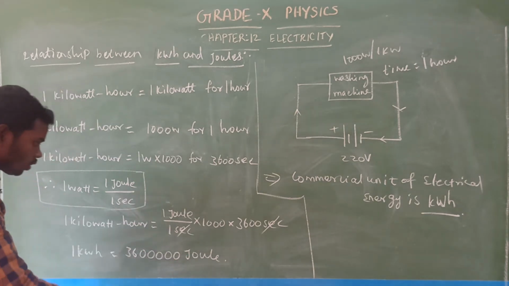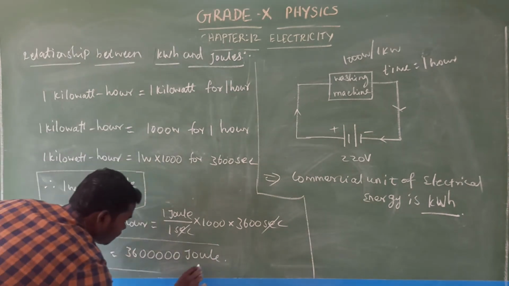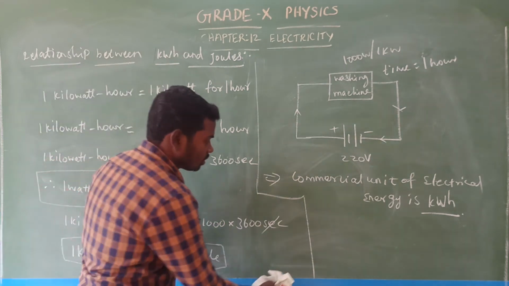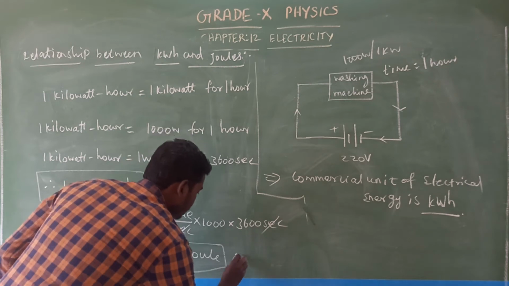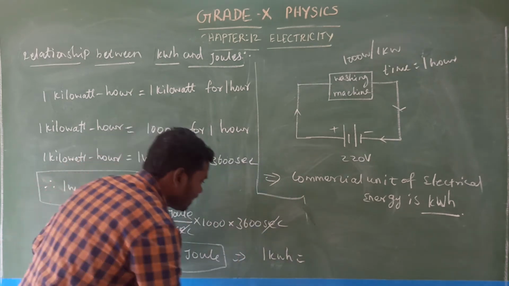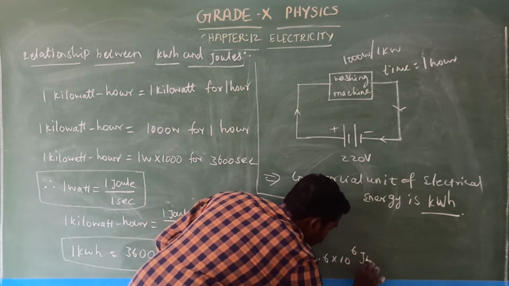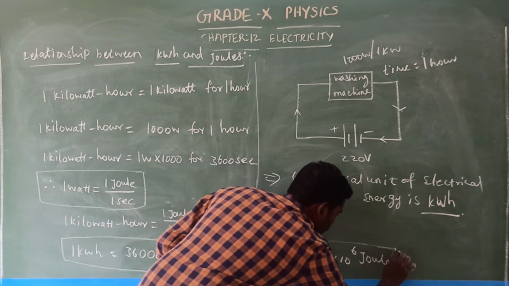Okay, yes. So another way we can write the same formula. I'll write there because I don't have space. Look at here. So 1 kilowatt hour is equal to 3.6 into 10 to the power of 6 joule. That's all, very easy one.